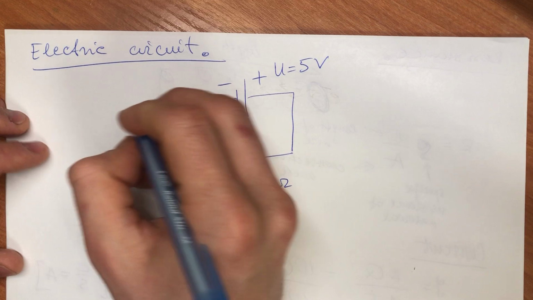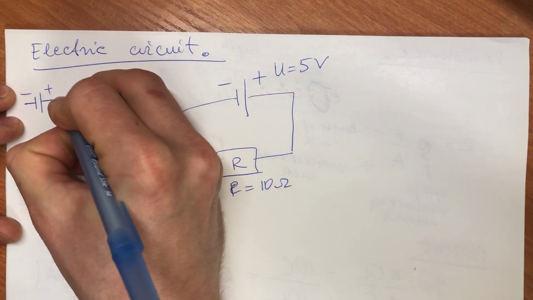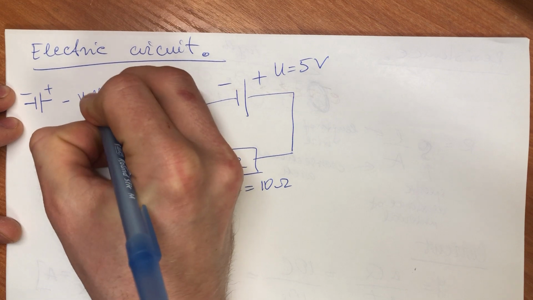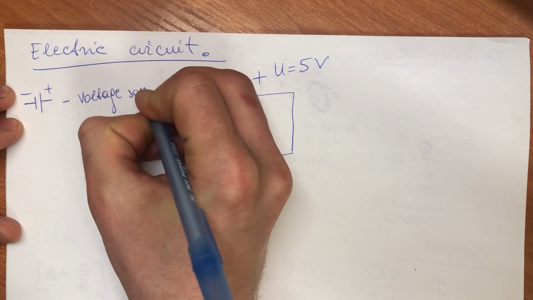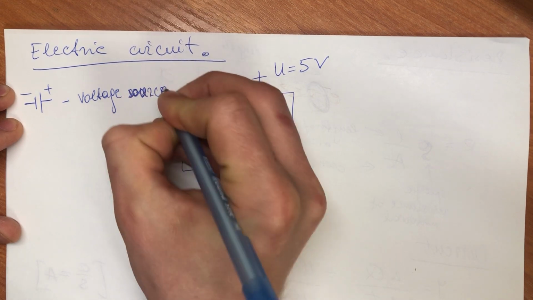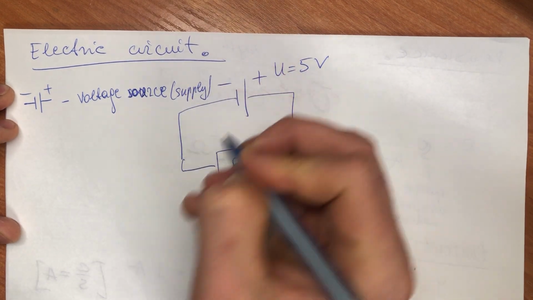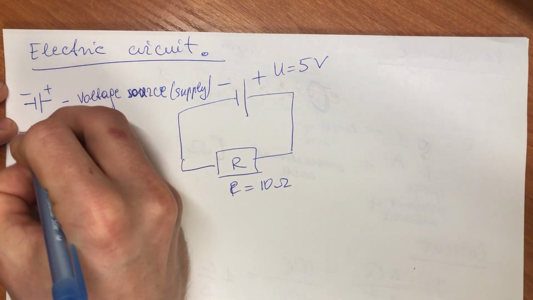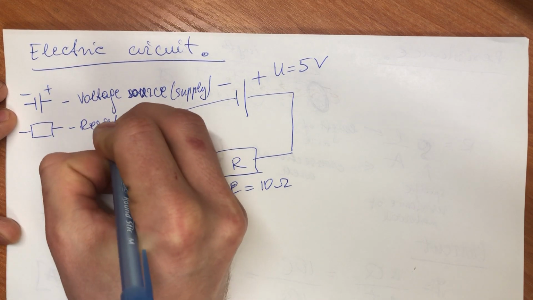So the basic electric circuit: this is minus, this is plus, this is the voltage source, or voltage supply. This is the resistor.